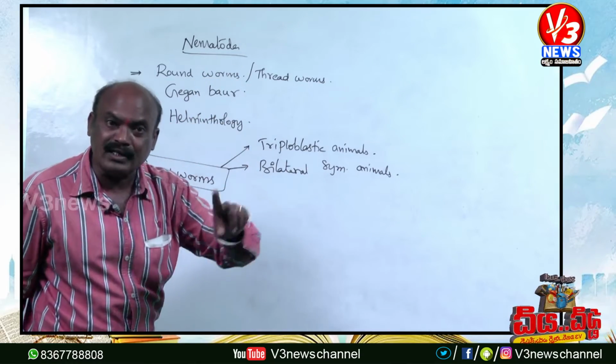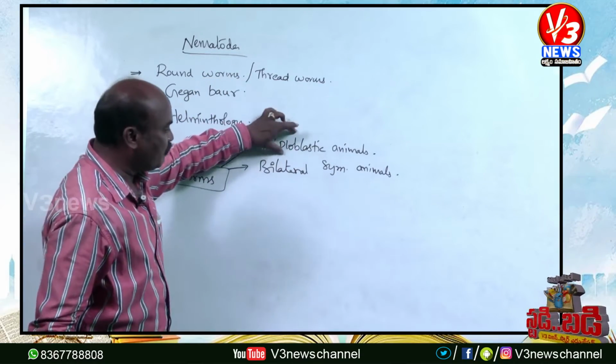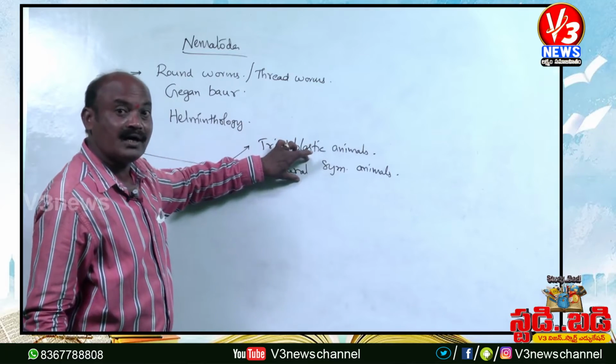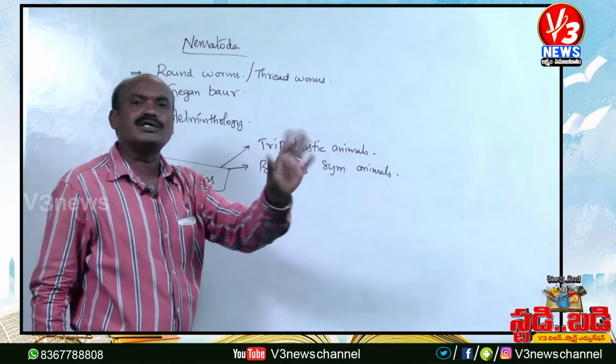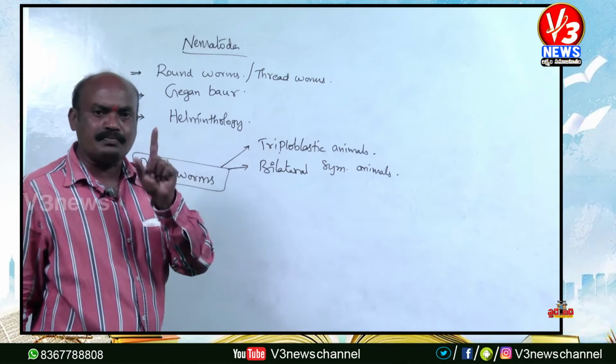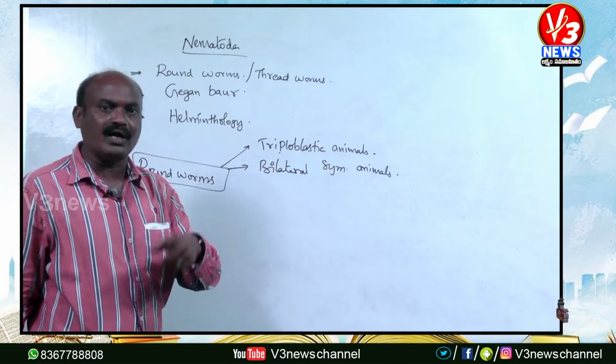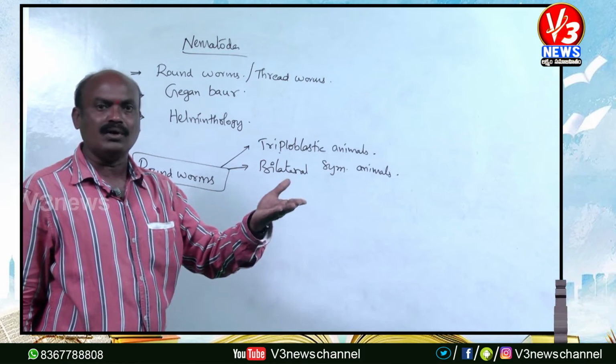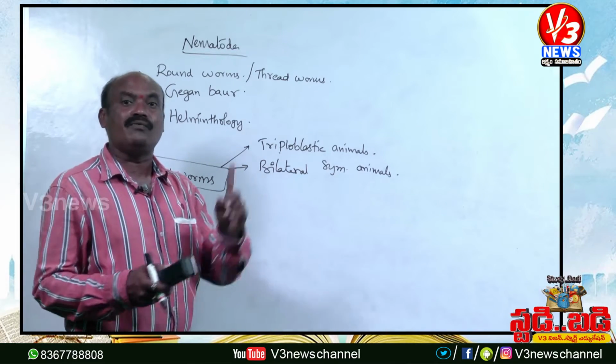But the flatworms are triploblastic, bilaterally symmetrical acoelomates, because there is no coelom in them. The coelom means the space present between the body wall and gut. The coelom was absent in flatworms.